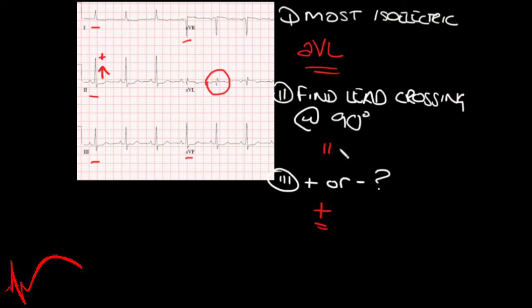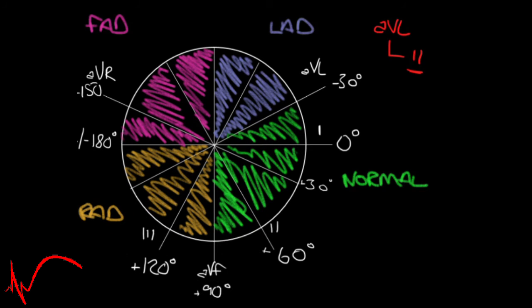So now once again we go back to our hexaxial reference system. So lead 2, if it's positive, you follow the lead towards the label that you've written, towards this positive end, plus 60. If it was negative, you'd follow it this direction, but because it's positive, we will go down here, and as you can see, we have landed in the normal cardiac axis region.